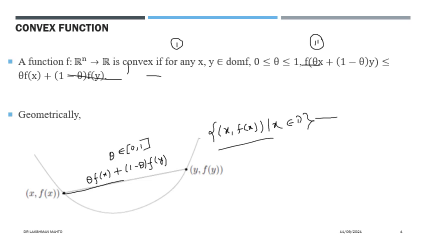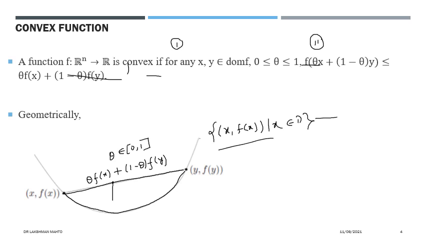Simply, it is a line segment joining the points x, f(x) and y, f(y). Now in this region, we can observe that this portion of the graph is always below the line segment joining these points. So for one single theta, this convex combination would be somewhere here. Then where is the value of f of that convex combination of x and y? That would be here, corresponding.